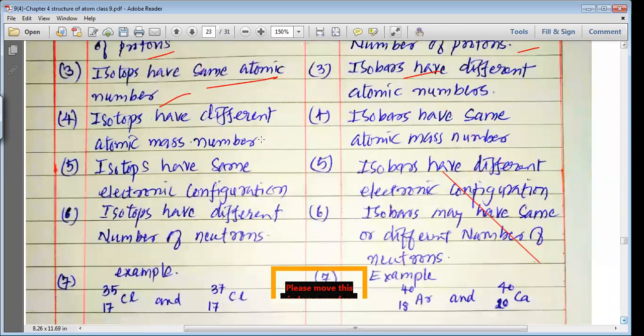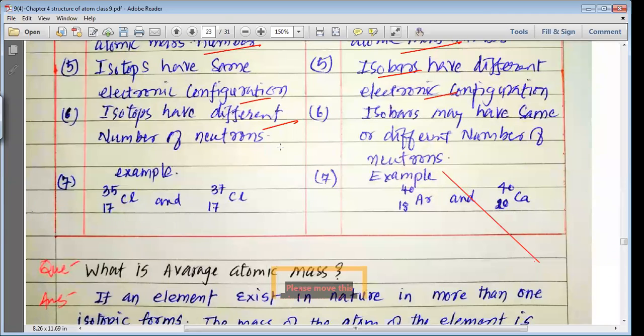Then isotopes have different atomic mass number, but isobars have same atomic mass number. Isotopes have same electronic configuration, but isobars have different electronic configurations. Isotopes have different number of neutrons, and isobars may have same number of neutrons or may have different number of neutrons.